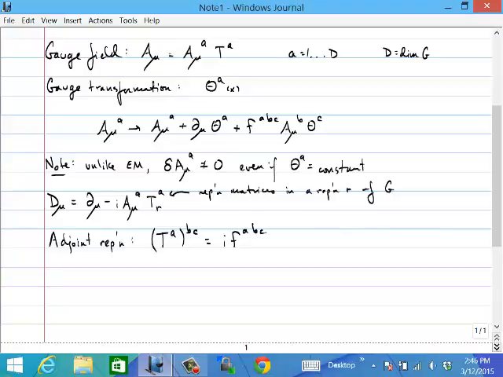Okay. So this is something that you hopefully met last time. Now, here A is labeling which representation matrix we're talking about, and B and C are the matrix indices that run from 1 up to d. So this is a d-dimensional representation.